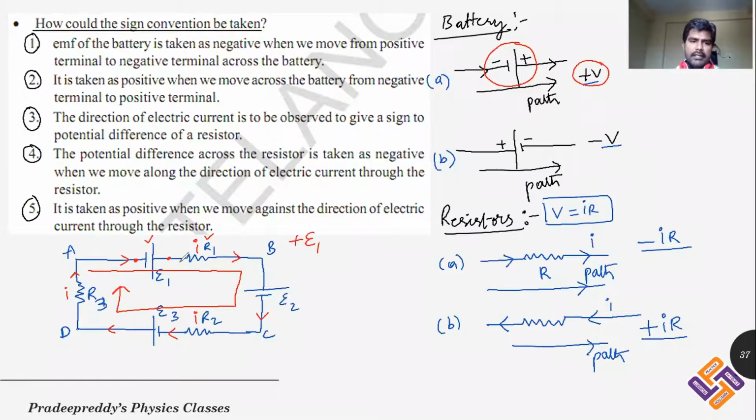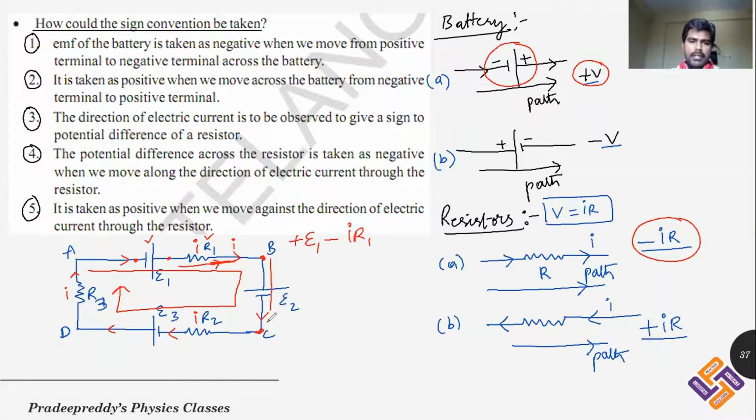And next, you are coming across this resistor and current and your path both are in the same direction. If current and path are same, then you need to take it as minus IR. Therefore, it is minus I. What is the resistance here? R1.